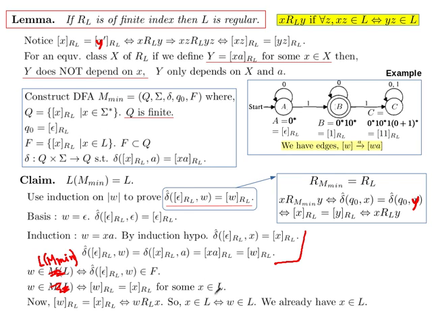So x is already in L, so that means W is in L, and there is an if and only if condition. Okay, so this is an if and only if condition, that means this whole thing is an if and only if thing. So W belongs to this L min if and only if W belongs to L. So that means L of m min is equal to L. So there we have the proof that this L is actually regular.